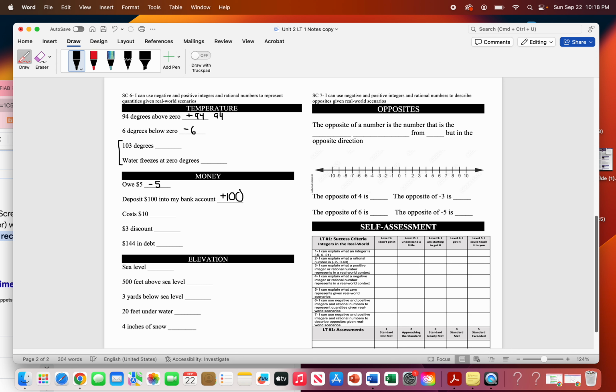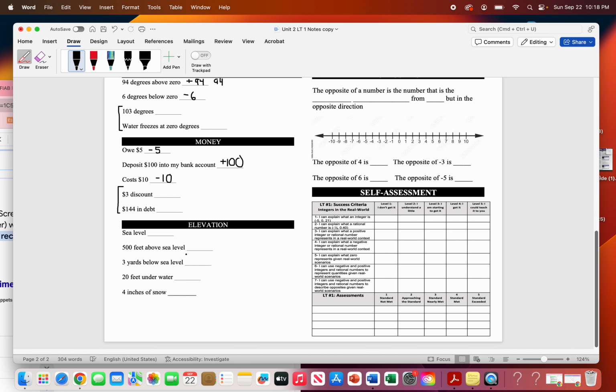So it's positive 100. And the last one that I'm going to do with you, if it costs $10, that means I'm going to have to pay it out. So my bank account's going to get smaller. Again, do these last two on your own and make sure you fill in those answers. We're going to be looking at them in class.